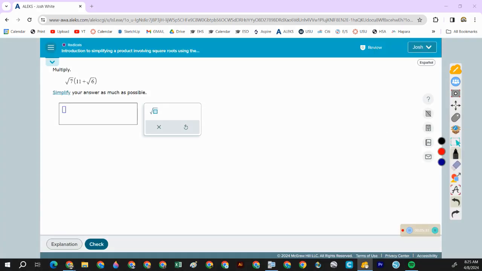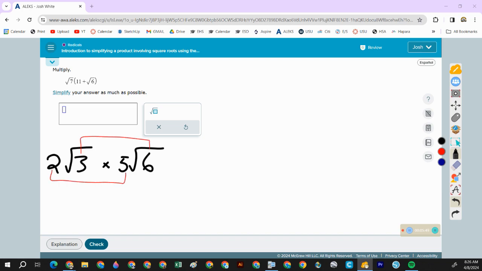All right. Whenever we multiply radicals, so let's say we have 2 root 3 times 5 root 6. To multiply these together, you do outside times outside and inside times inside. So the outside is 10 and the inside is 18. So it's sort of like 4x squared times 5x.